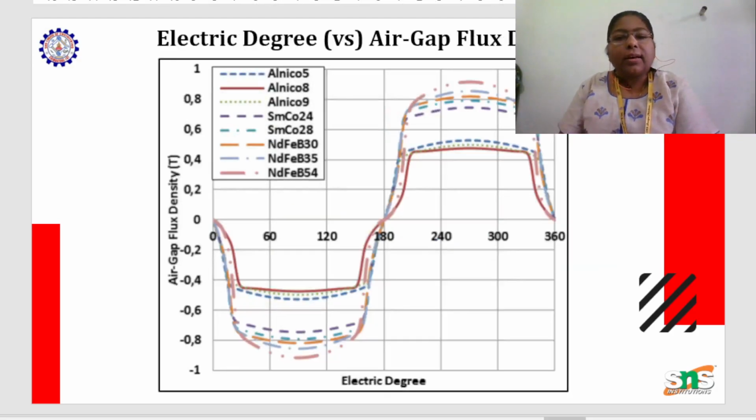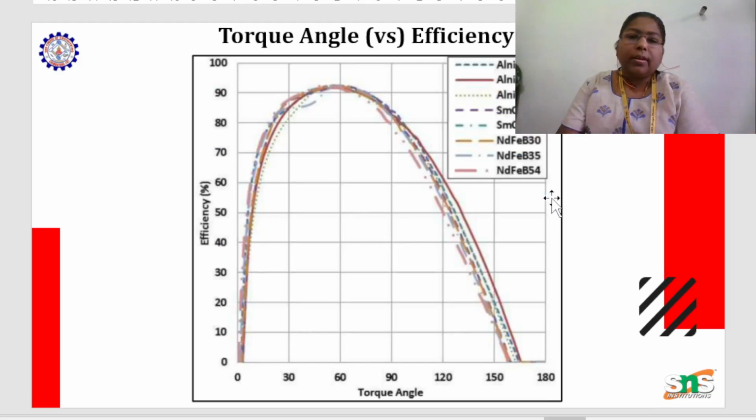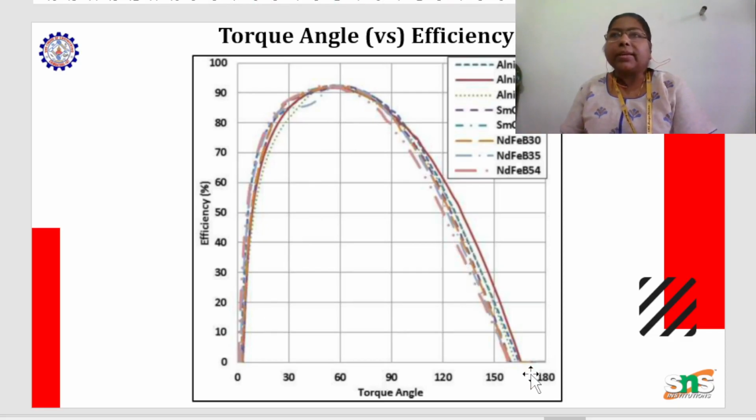Here also, you see the magnetization curve for one loop, for both motoring as well as generating, and you get it for different magnets also. And if you see the torque angle versus efficiency, as the torque angle is very high, the efficiency is also very high.